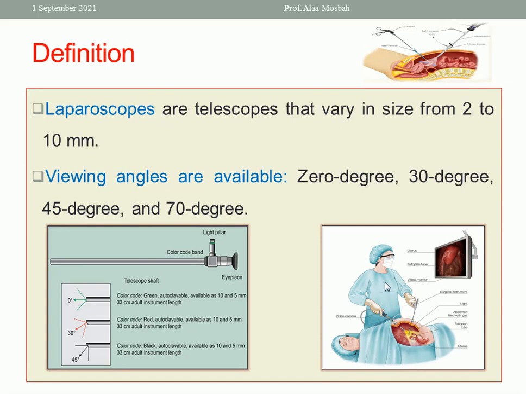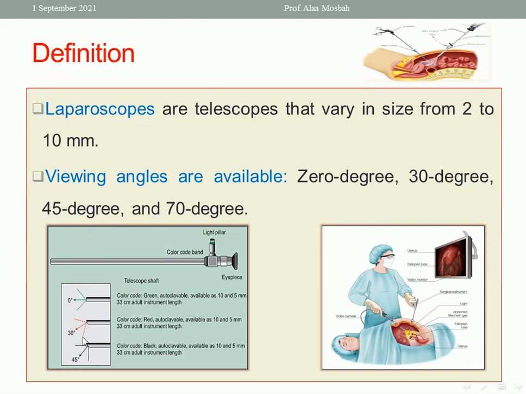Laparoscopes or telescopes vary in size from 2 to 10 millimeter. And also the viewing angles may be 0 degree, which give panoramic view, which is commonly used in gynecology, or 30 degree, or 45 degree, or 70 degree.